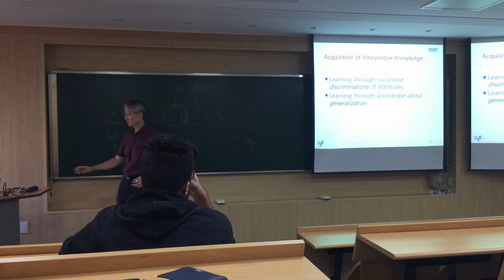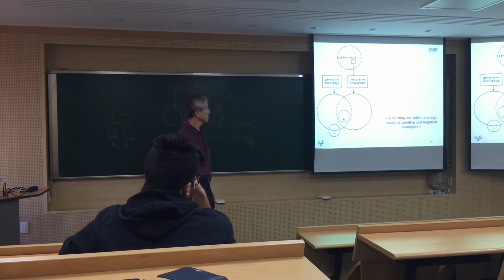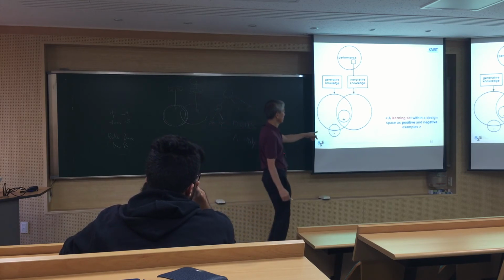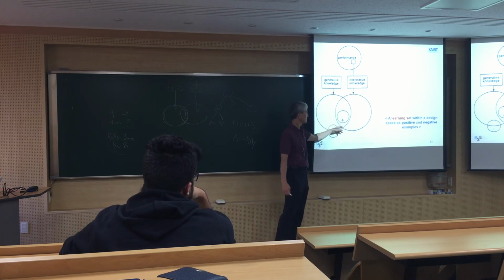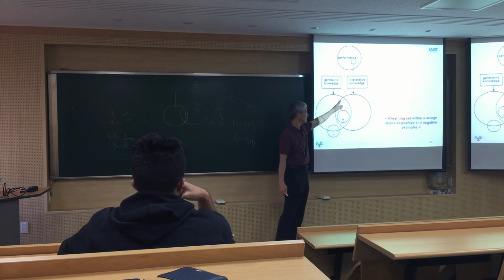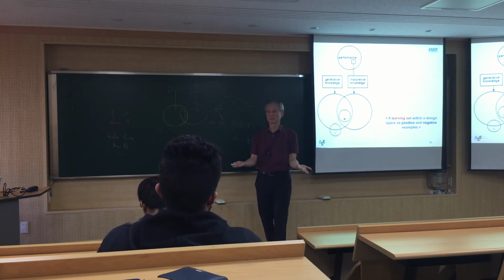Kepler. So a learning set within a design space has positive and negative examples. We call this a negative example, and this is a positive example, because this is inside the intersection. So good design and bad design.